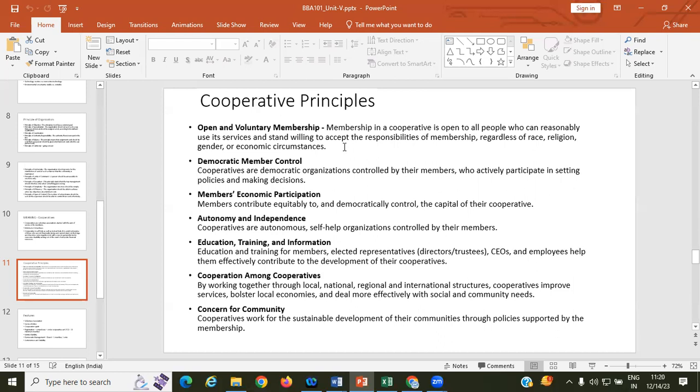Government is intervening in your society in terms of your activity, what you are doing, what you are interacting with. You are representing your society to the government.